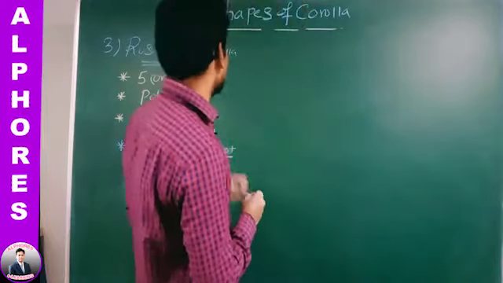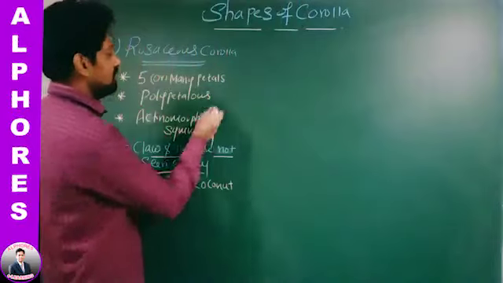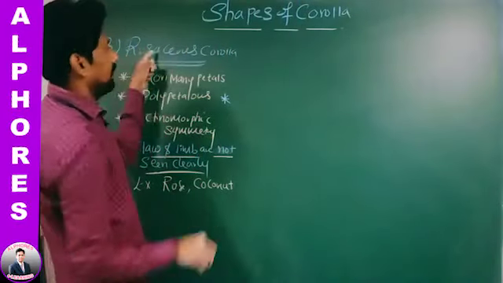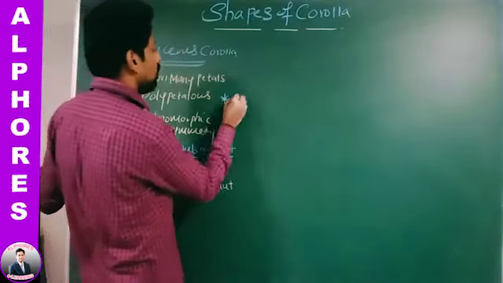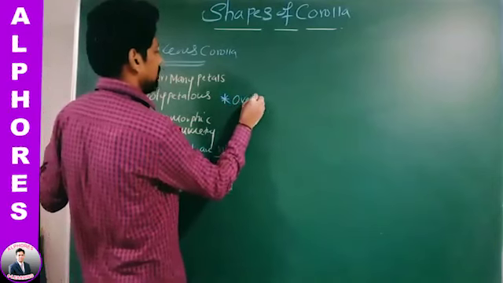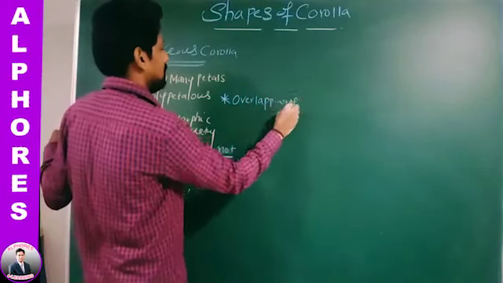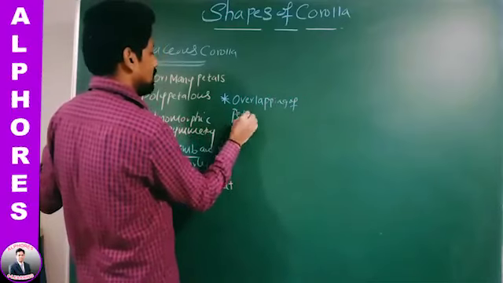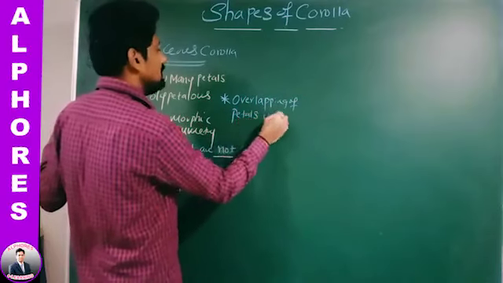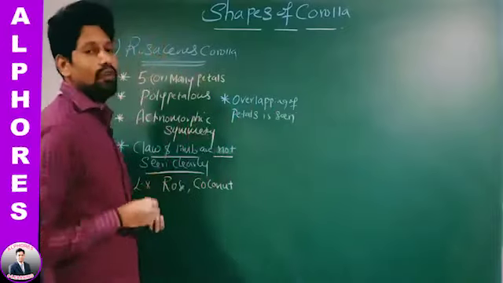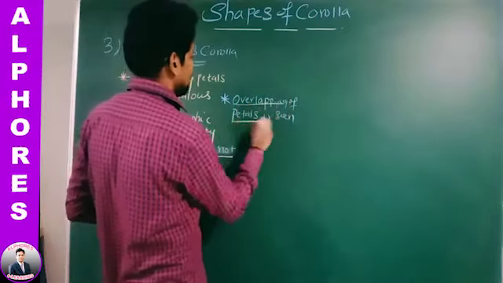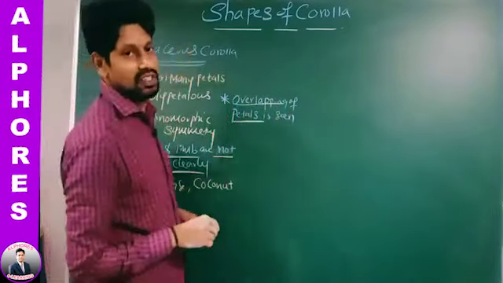Therefore, overlapping of petals is seen in the case of rosaceous corolla.